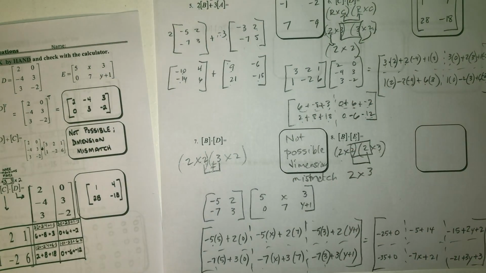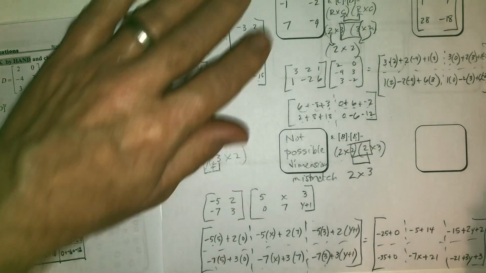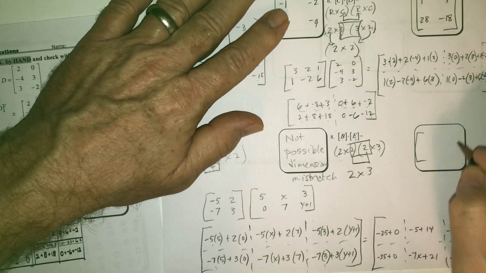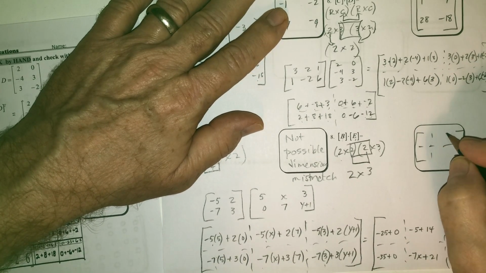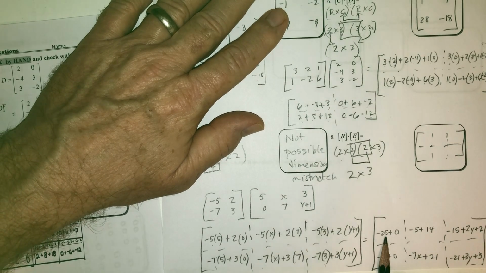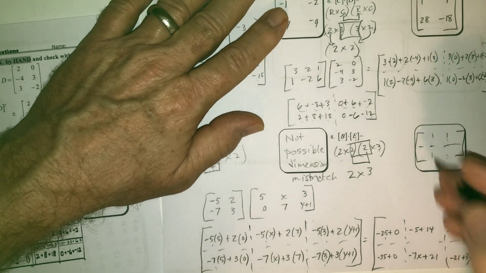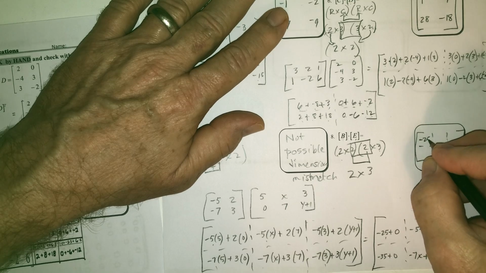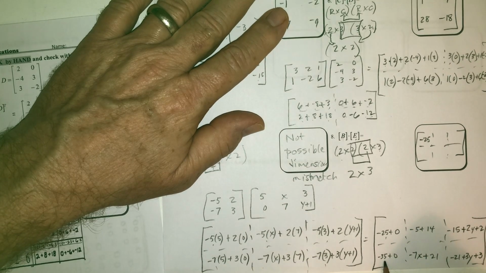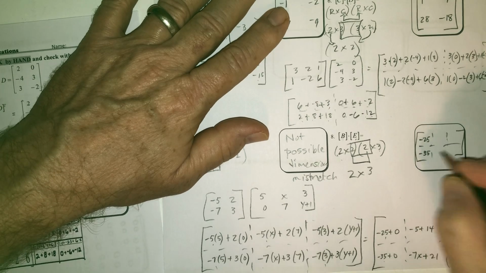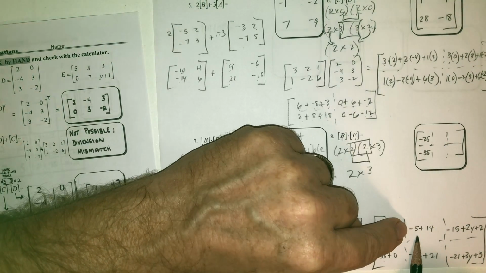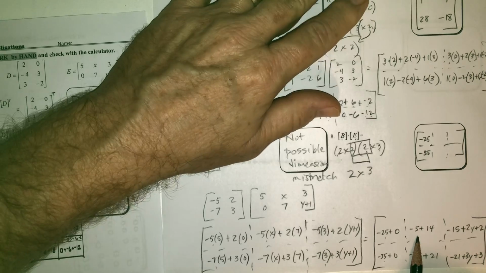Okay, now we're going to simplify each one of these, and we're going to end up with, like I said before, 2 rows and 1, 2, 3 columns. Okay, so this row 1, column 1 entry would be negative 25. This row 2, column 1 entry would be negative 35. Okay, over here we would get, let's see.